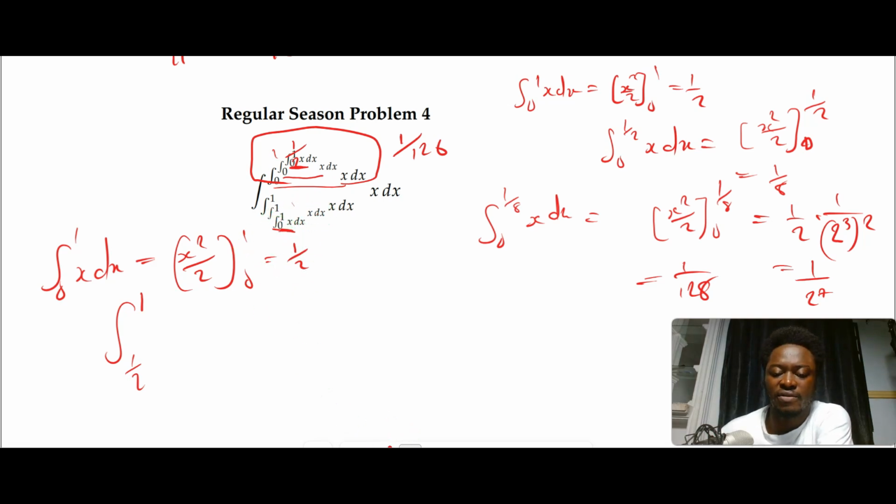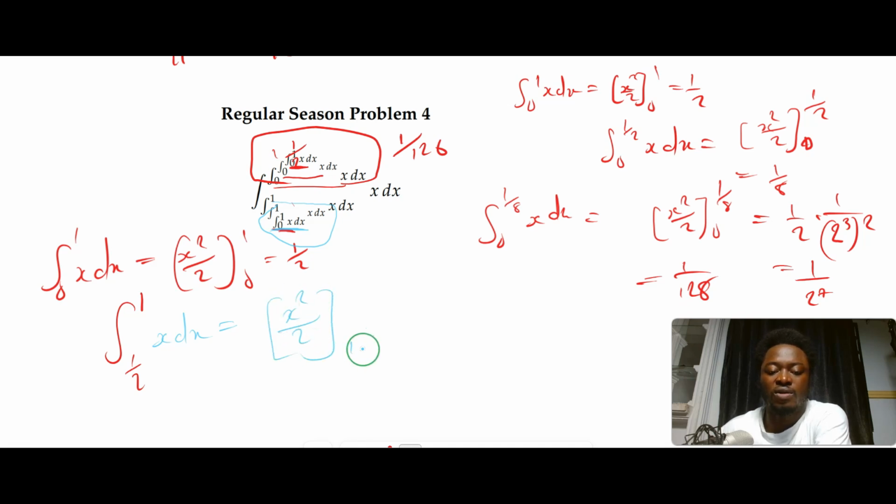Let me use a different color for this part. We're done with the first one here. You get 1 over 2. So I'm doing the integral 1 over 2 to 1. So we're trying to evaluate the second part here now. So that would be the integral from 1 over 2 to 1 of x dx, which is x squared over 2 from 1 over 2 to 1.